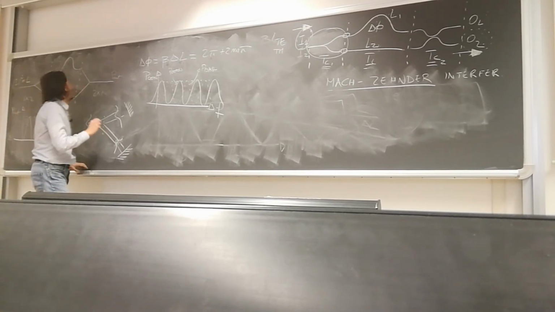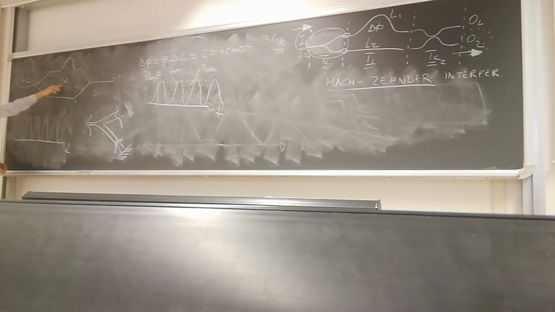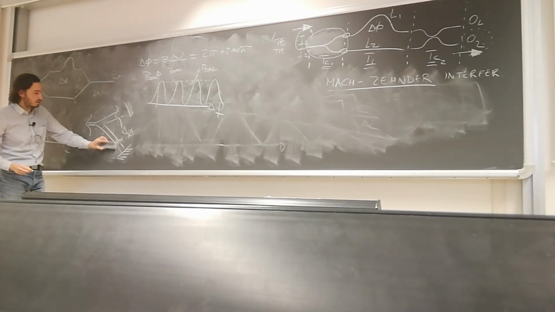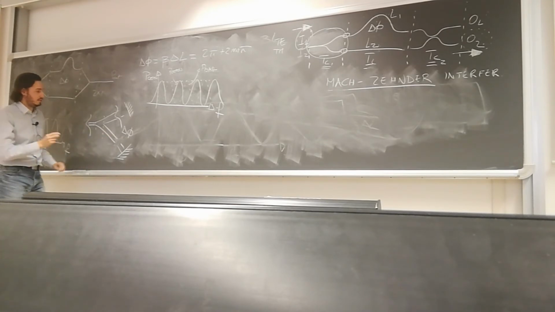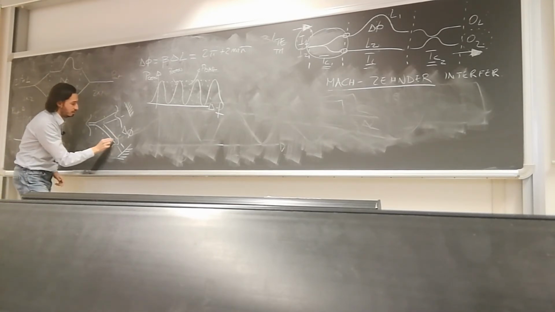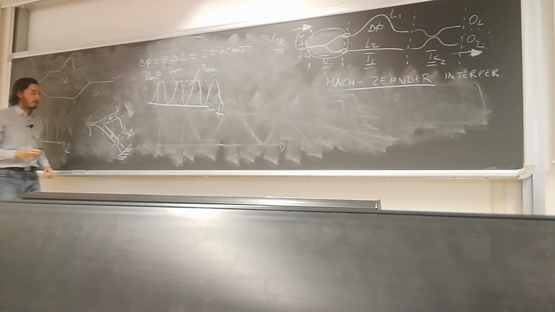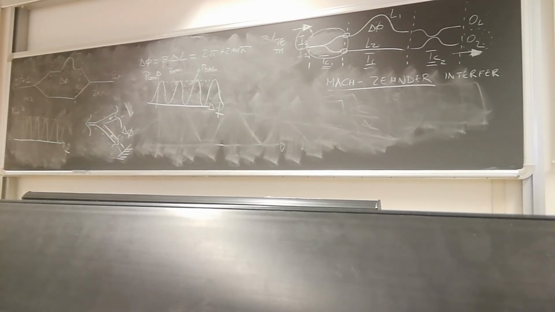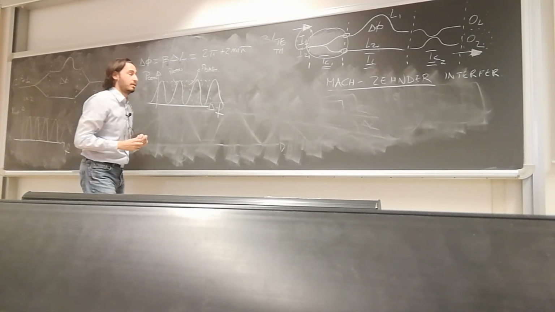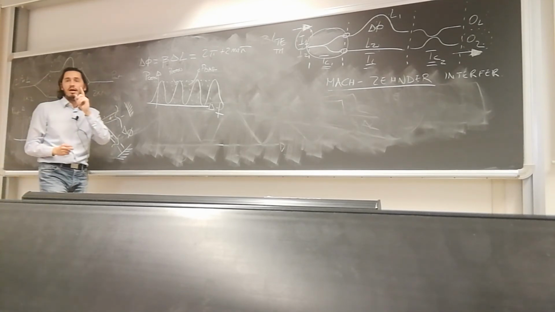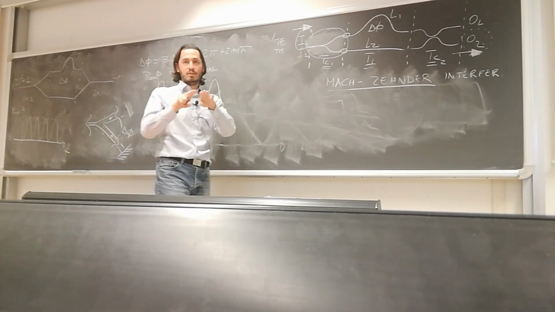But if now I play with this and I add a phase shift between these two, so a phase shift, let's say, can be like this. Let's say they are traveling in this direction, okay, but there is a pi shift between the two. What is going to happen? In the first case, the problem had an even symmetry.